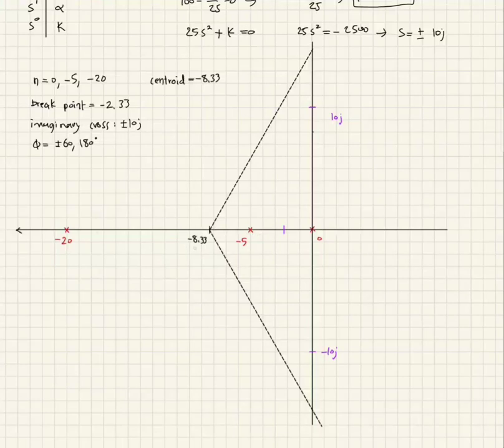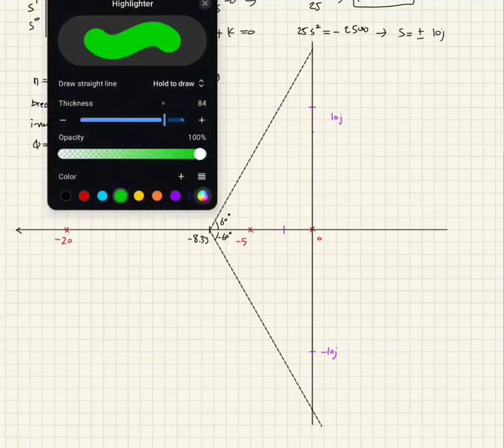We can see the centroid at -8.33, and we can see where I marked the imaginary crossing at ±10j, and the angles which I've drawn here. So 60 and -60 and 180, which is just the angle here. You get the idea. And now let's get to drawing the locus.